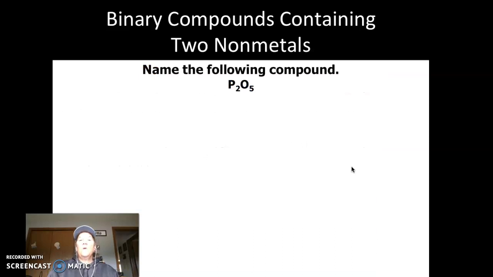So P2O5. First of all, I know it's a molecular compound because I have 2 nonmetals. P is phosphorus. There's 2 of them, so diphosphorus. The second one, there's 5, so that's penta. And then it's oxygen, oxide. So that would be diphosphorus pentaoxide.